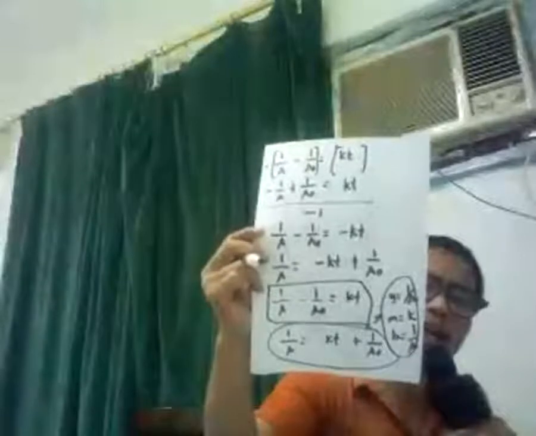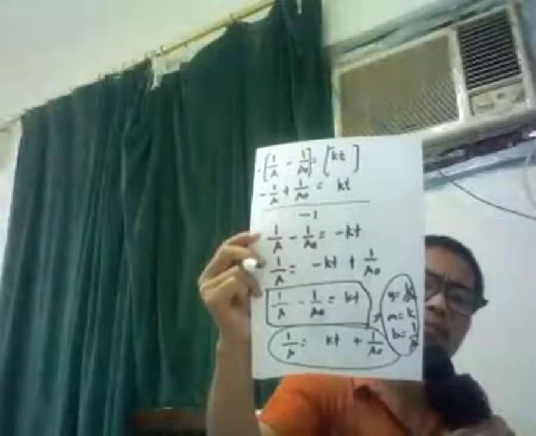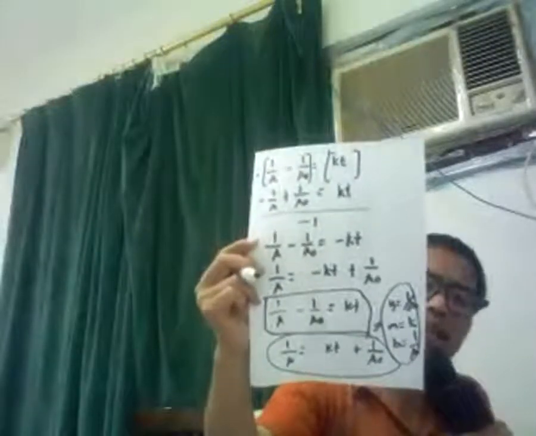So y is 1 over A, m is positive K, and b is 1 over AO, in the equation y equals mx plus b.